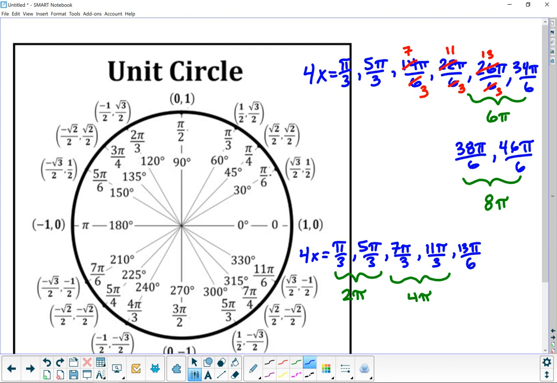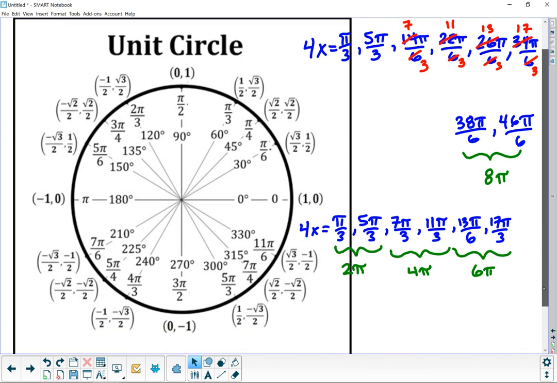And then this one right here, 34 over 6 divided by 2. 34 is what? Is it 17? Yeah, 17 over 3. And that wraps up our 6 pi.